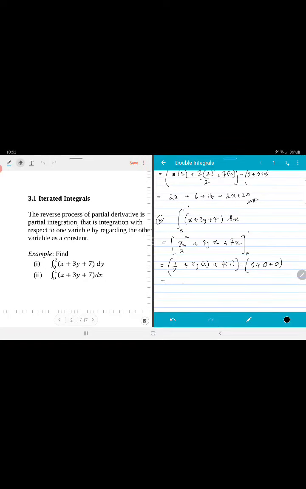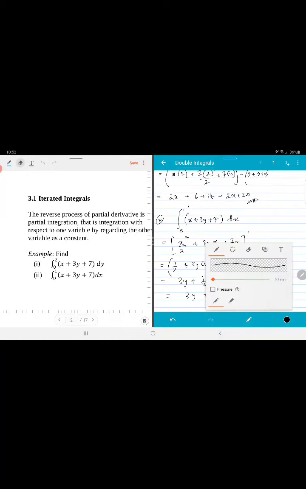Simplify this, we get 3y plus a half plus 7, which is 3y plus 15 over 2. So you can see here in the answer we still have y in it.